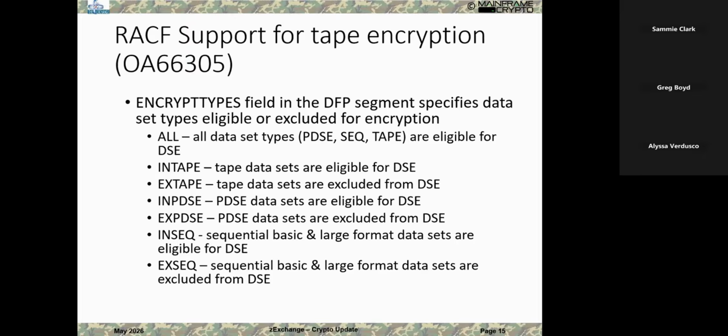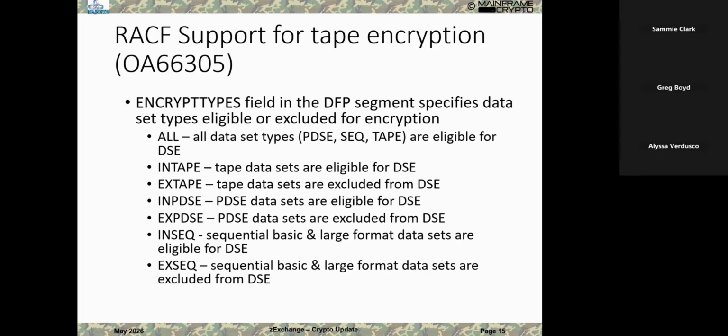If I say INPDSE, what I'm saying is that any data set covered under this profile, those PDSE data sets are eligible to be encrypted using data set encryption. Alternatively, if I say exclude PDSE, or EXPDSE, I'm saying, yeah, if there's a profile out here, by default, the way things would work, we would try and encrypt it. But if I specify EXPDSE, what I'm saying is, I don't want my PDSEs to be encrypted.